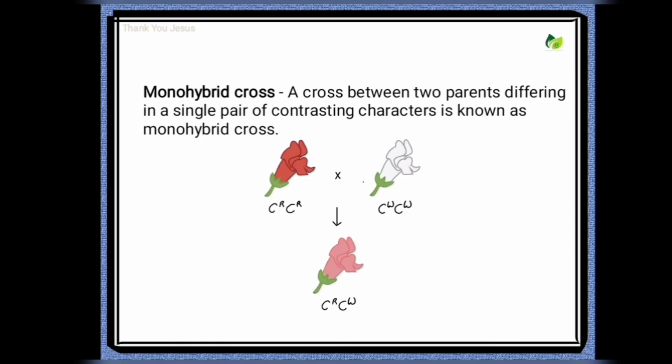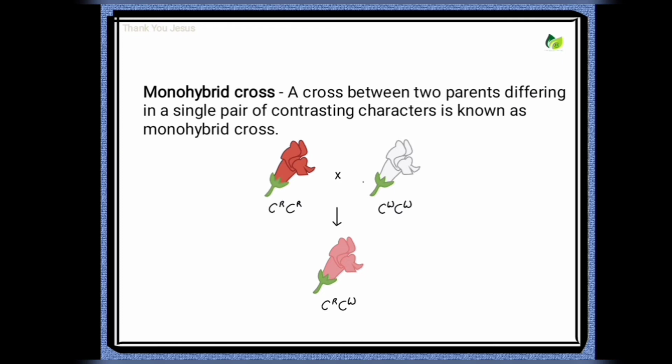Next one, monohybrid cross. A cross between two parents differing in a single pair of contrasting characters is known as monohybrid cross. Look at the picture. Here one flower is showing red color, the other flower is showing white color.